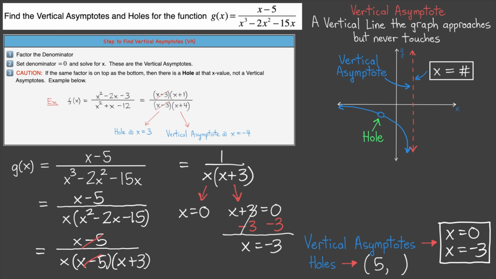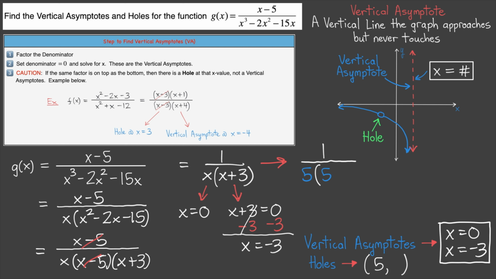Okay, next we have to find the y value of the hole. To find that, we use our condensed function. So after we cancel out the x minus 5 factors, we use this one here, and we're going to plug in 5 for the x value. So I'll draw an arrow here. We're going to plug in 5, so 1 over, then I'll plug in the 5 in blue so we can see it, and then 5 plus 3.